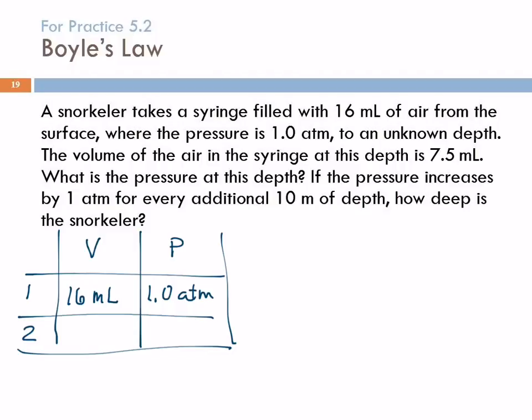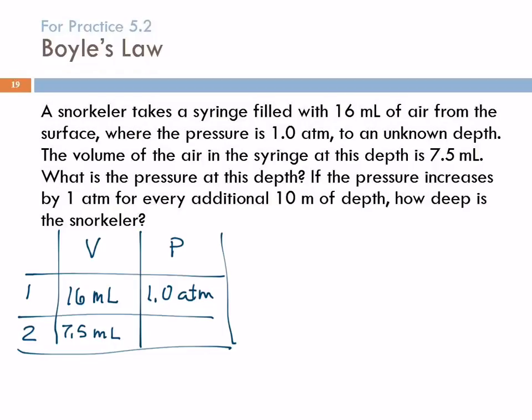The snorkeler takes the syringe from the surface and takes it down under the water. The next number we come to is the volume at this depth is 7.5 milliliters. So there's the volume. This is the other condition, 7.5 milliliters.